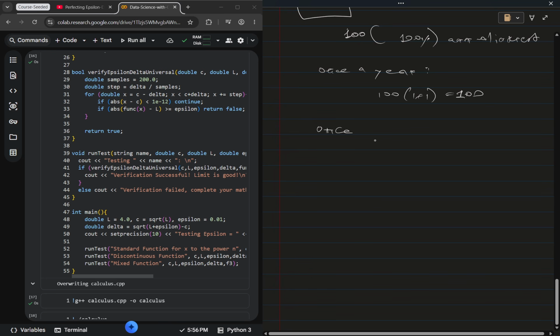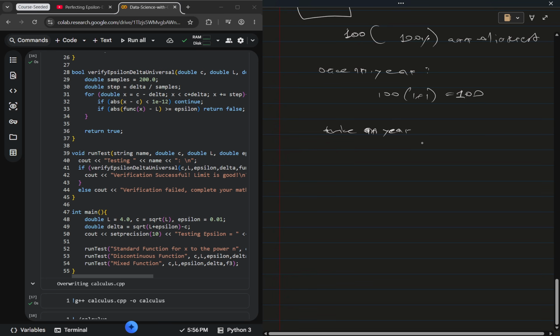But yes, interest doesn't depend on the bank. It is universal. So let's say interest is paid twice a year. Once a year, twice a year.